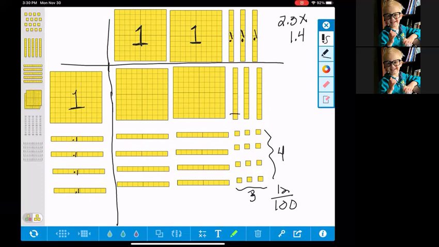We want 1/10 of this whole rod. We want one of these 10 pieces. So we just want one little guy. And when we do that, right, 4/10 of 3/10, we can see why we get these 12 little 100 pieces, right? 12 100ths. And then now we can just go around and add them all up.